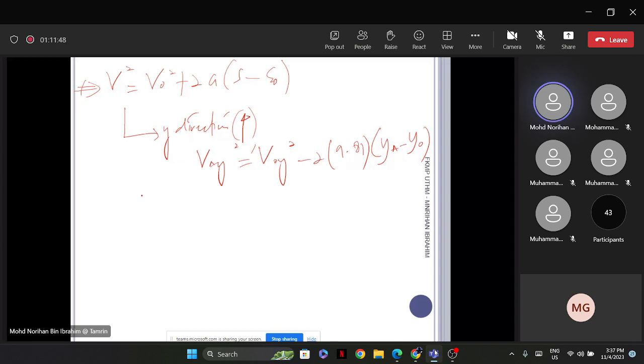For this one, we substitute the data obtained from the previous method of solution, which in this case VAY is equal to negative 5.31, and VOY is equal to 3.75.